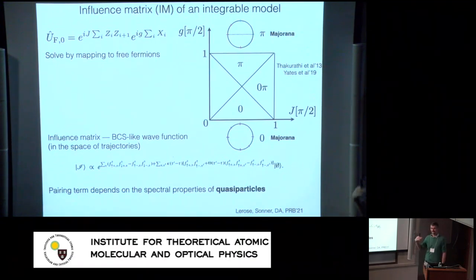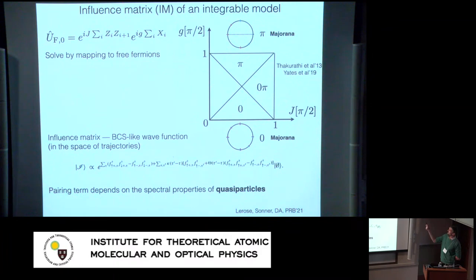Another class of problems where we can compute the influence functional and analyze its entanglement properties are integrable models. In particular, using again the same model as an example, if I turn off the Z field, this becomes solvable by mapping onto free fermions.